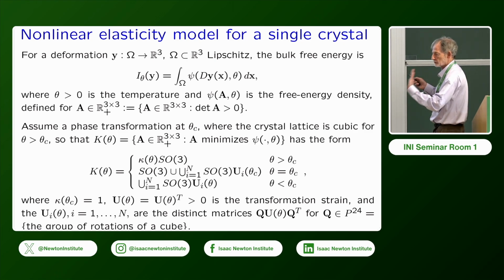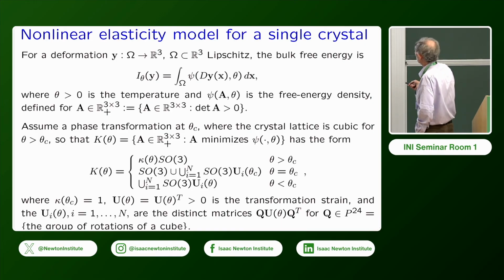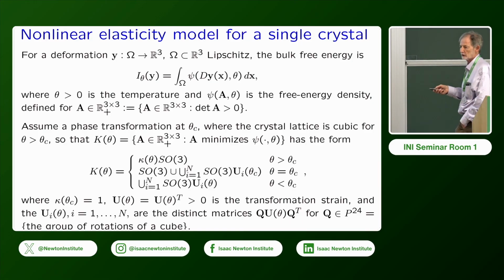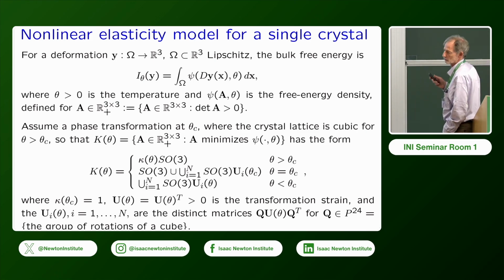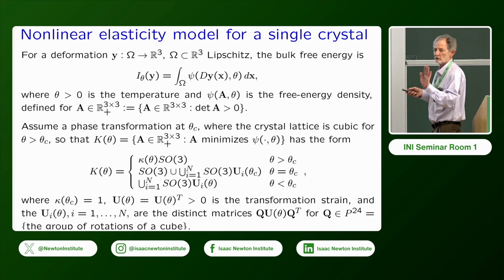And we're going to represent some features of the phase transformation by looking at the set of minimizing matrices at different temperatures. So K theta is the set of matrices with positive determinant that minimize the energy density at temperature theta. Here we have three different cases: when theta is bigger than theta critical, less than theta critical, or equal to theta critical. Maybe it's easier to look at the one where it's equal first of all. We're going to take the reference configuration to be the cubic phase at the critical temperature.